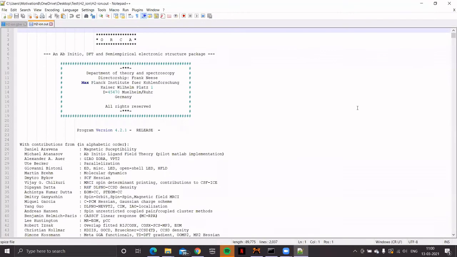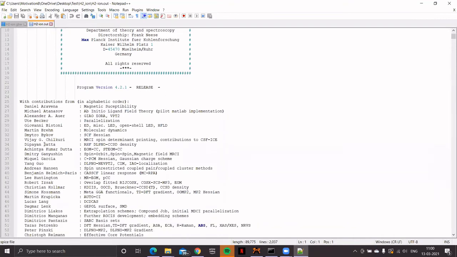That's there. Now, at the top, the name of the software, ORCA. It is software for doing ab initio, DFT, and semi-empirical electronic structure calculations, developed by Frank Neese's group from the Max Planck Institute, Germany.